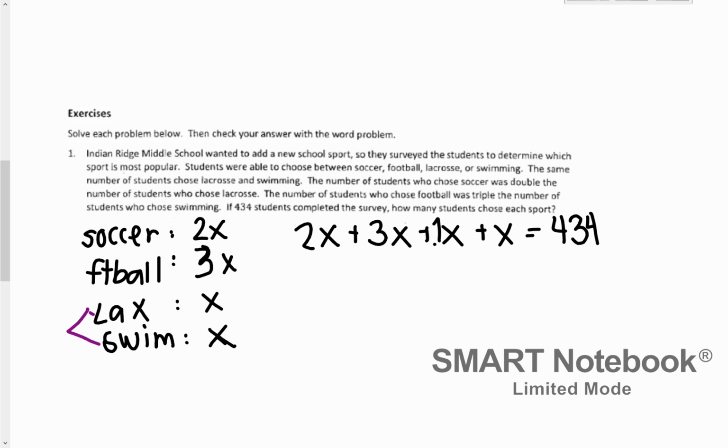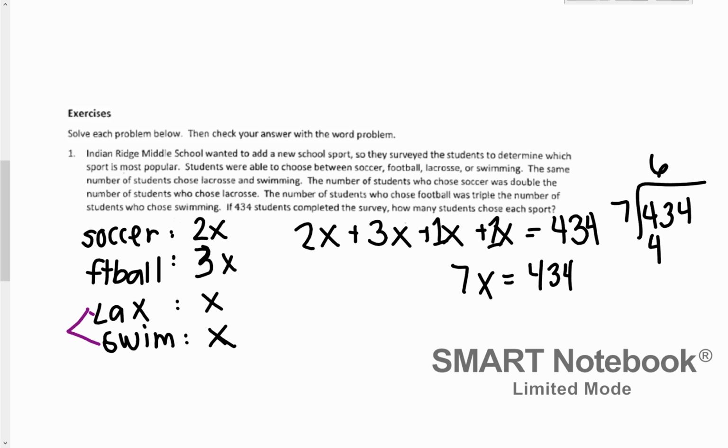Remember, those lone x's are actually a 1x. So 2x plus 3x is 5x, plus 1 more x, 6x, plus 1 more x, 7x, equals 434. Pull it over to the side to do our division. Goes in there 6 times, that would be 42.